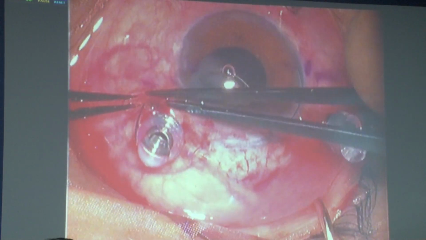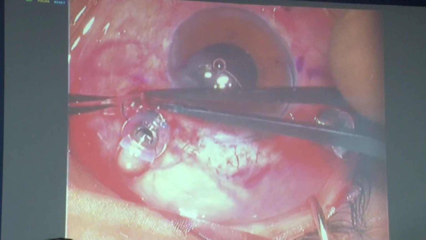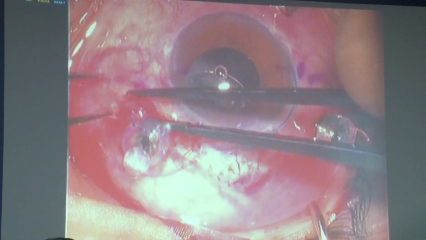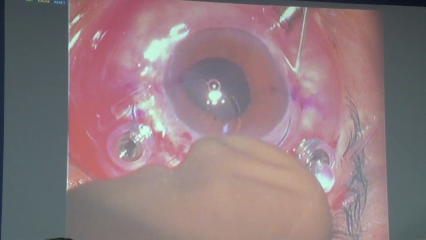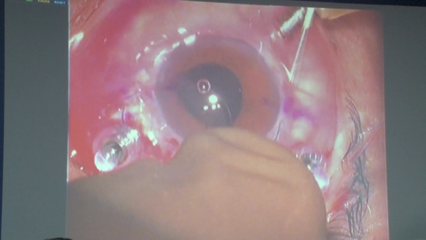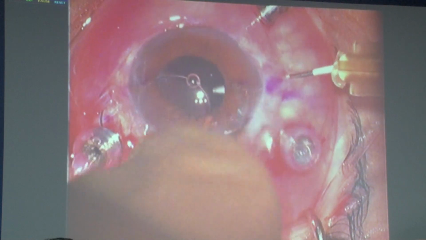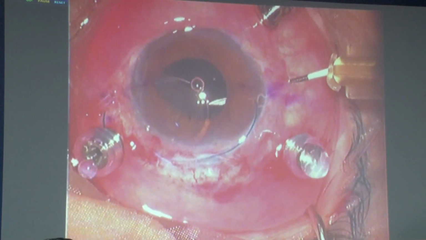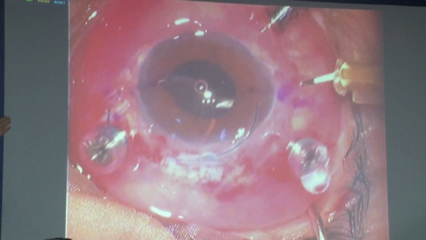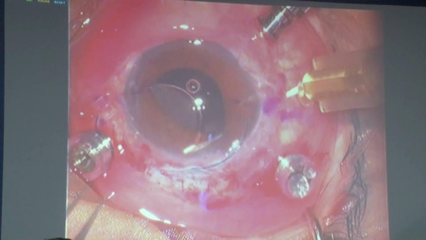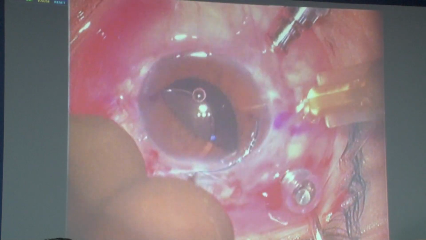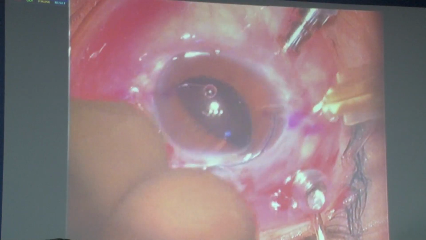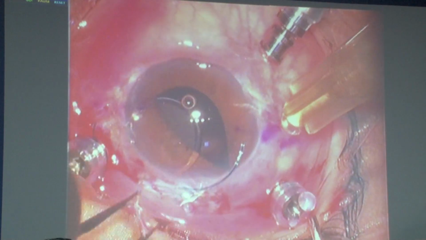Make sure you do not pull the complete haptic out. Make sure part of the haptic is out, because it will help to easily maneuver the trailing haptic, or else there won't be any place to maneuver. When pulling the leading haptic inside, make sure the 26 gauge needle is at the extreme end of the tunnel. Do not make it sit in the middle of the tunnel, because then maneuvering the haptic will be more difficult, and you will end up breaking or bending the haptic.